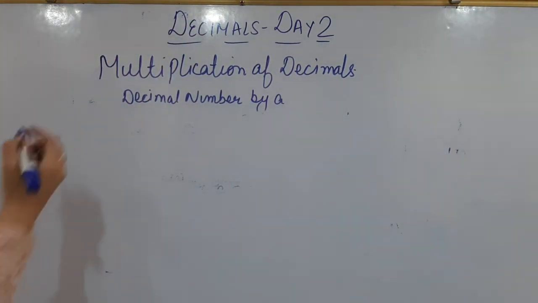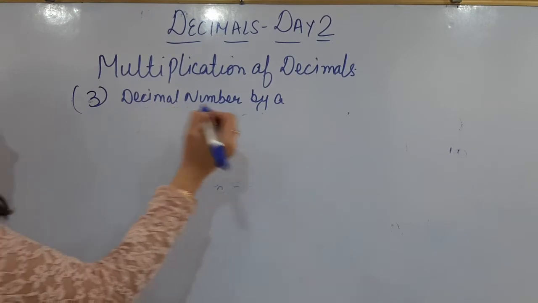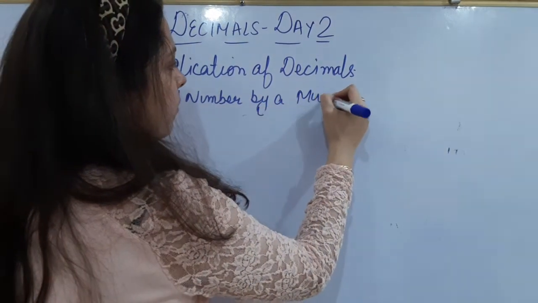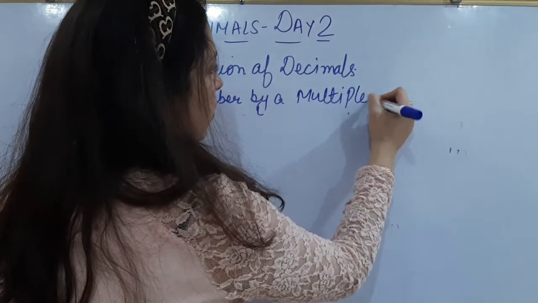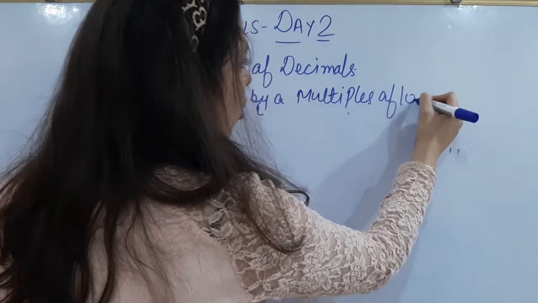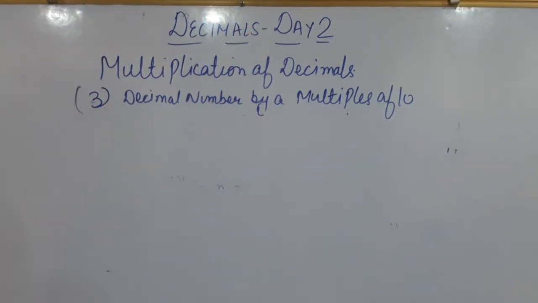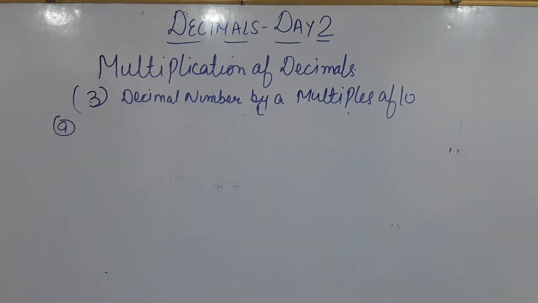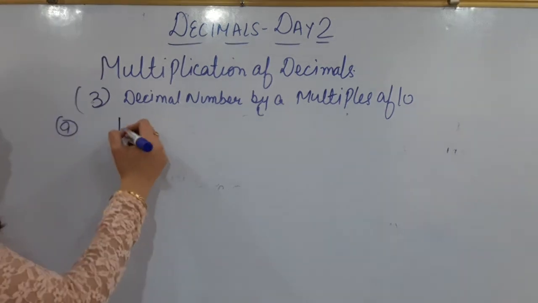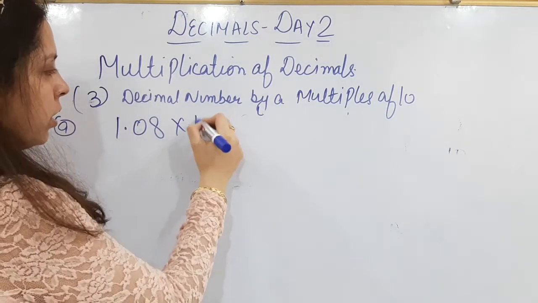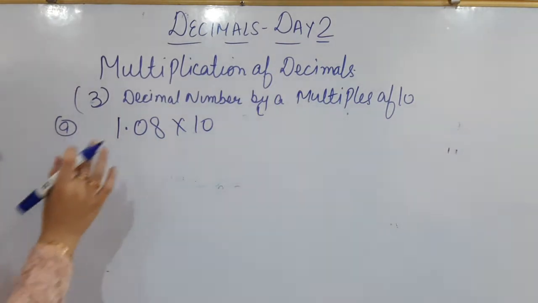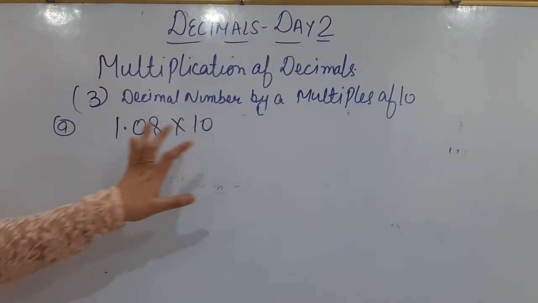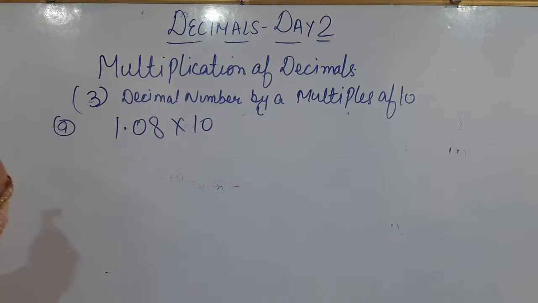When you have to multiply a decimal number by multiples of 10, you can do it orally. What you need to do is just shift the decimal point. Let's consider the question: 1.08 multiplied by 10.